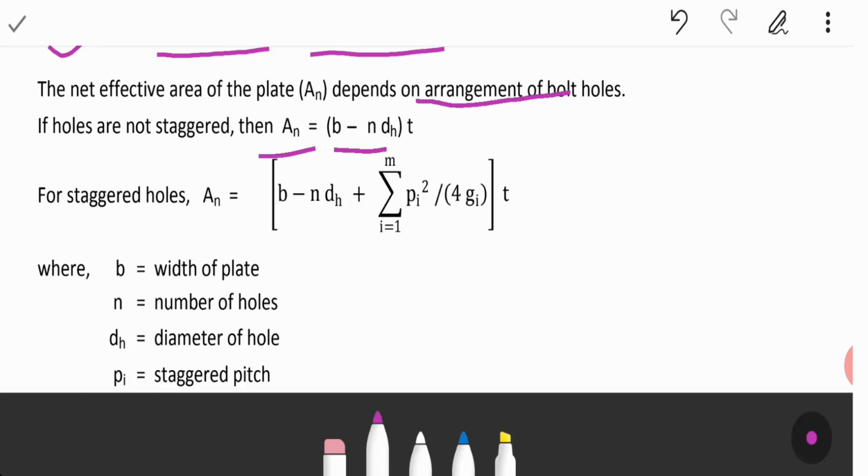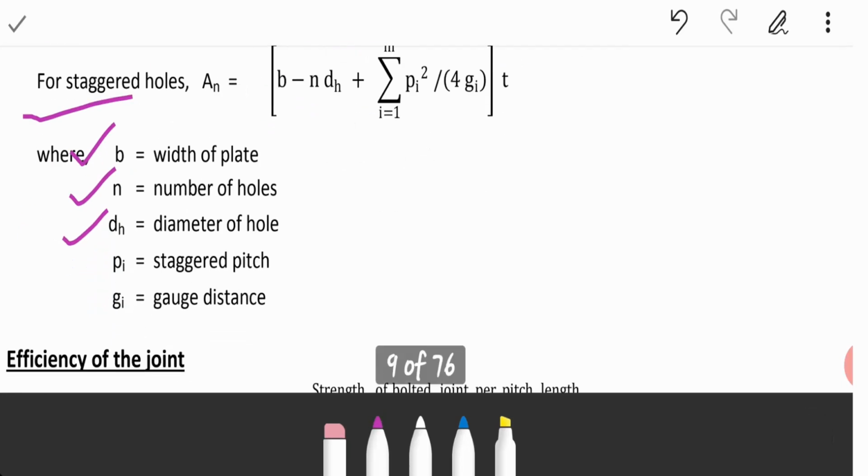For staggered holes, An is equal to (b minus n dh plus summation of pi squared divided by 4gi) into t, where b is the width of plate, n is the number of holes, dh is the diameter of hole, pi is the staggered pitch, and gi is the gauge distance.